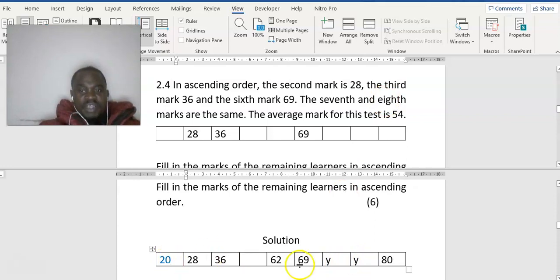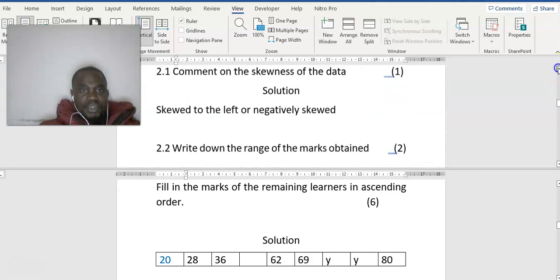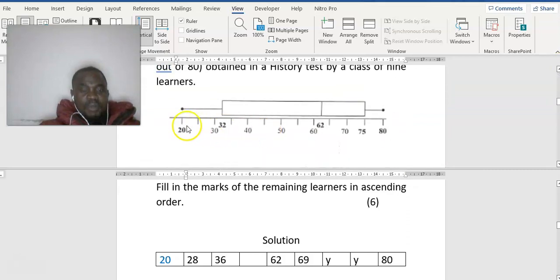How did we get this 20? How did we get this 80? I'm going to show you. Check the box and whisker given to us. The minimum value is what? 20. The maximum value is what? 80.